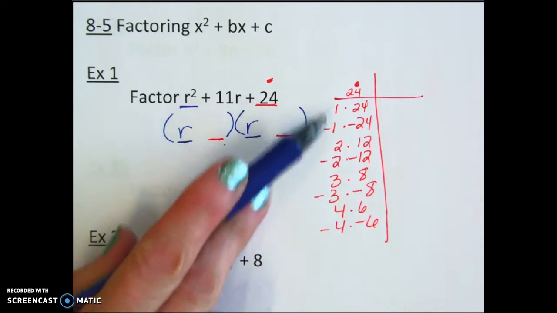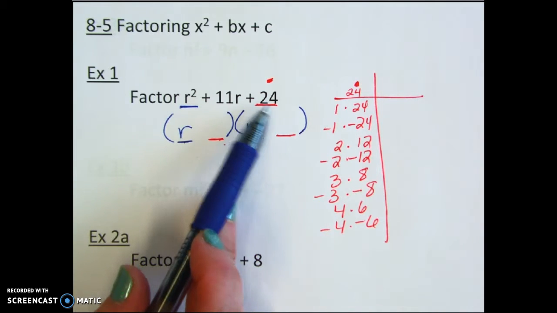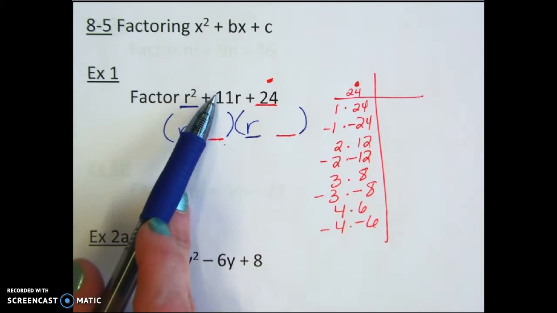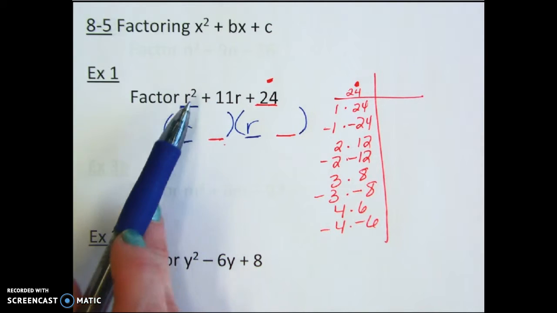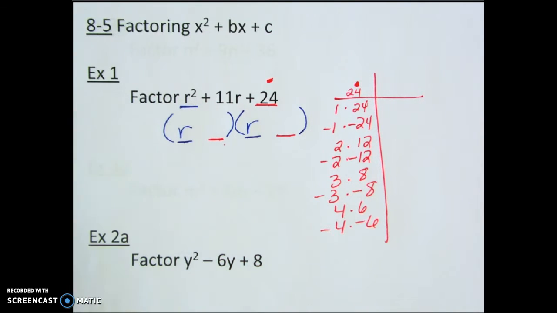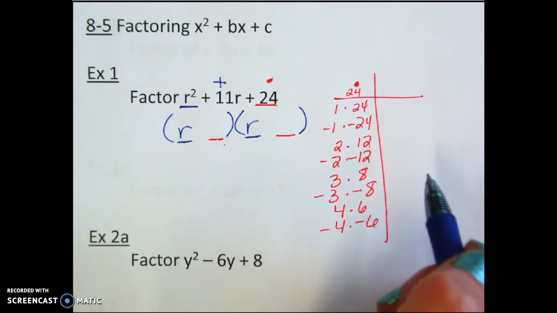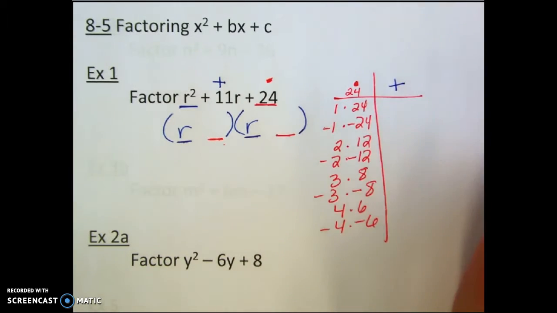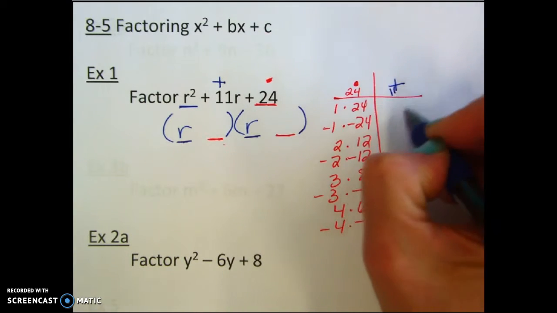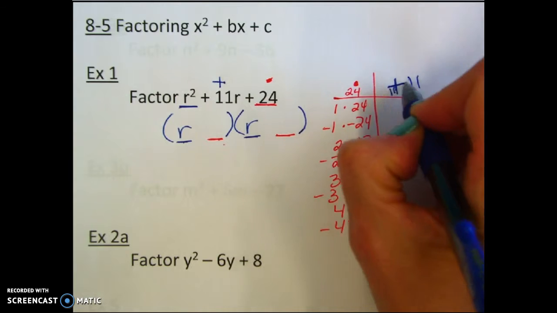So we could have any one of these combinations work to give us the 24, but we need to get an 11 in the middle. And if you recall how that came about, that was a combination of the middle 2 pieces when we multiplied the outer and the inner pieces. So it came by adding the outer and the inner pieces. So we're going to look at all the combinations that add up to 11.